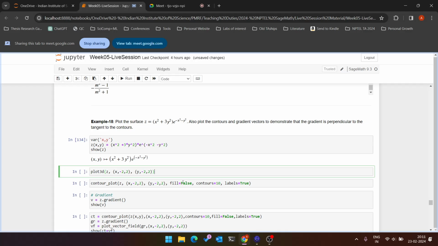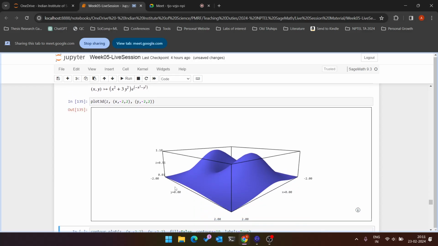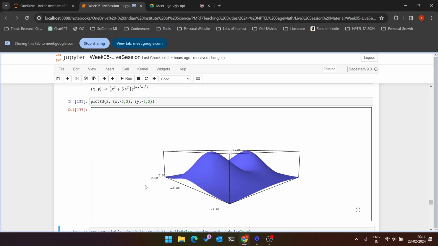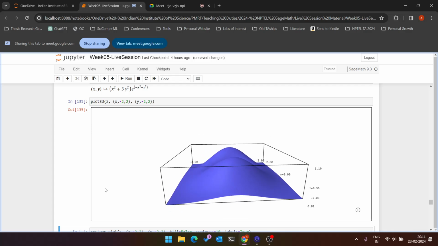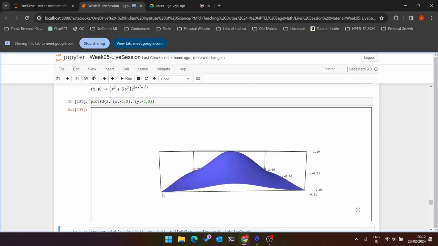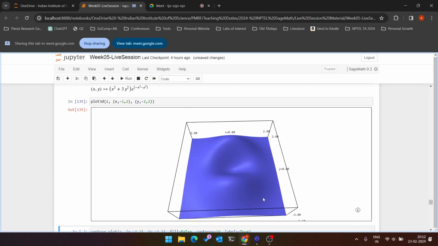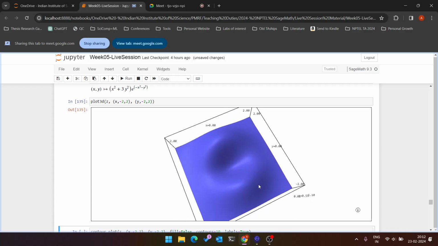If I do a 3D plot for z, this is how it looks. This is x minus 2 to x plus 2, and this is y minus 2 to y plus 2. So that's how the plot looks.